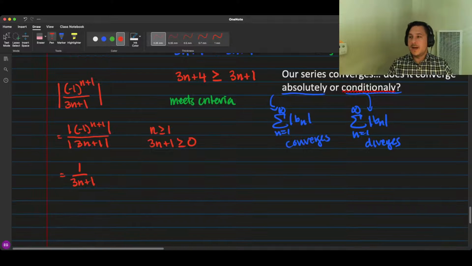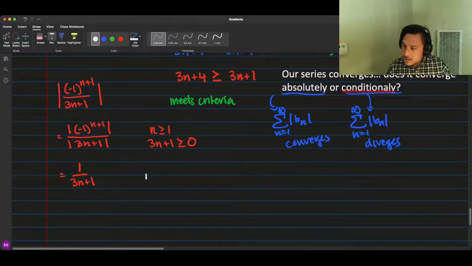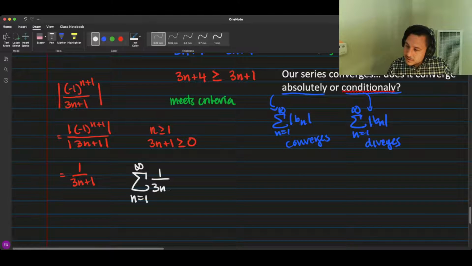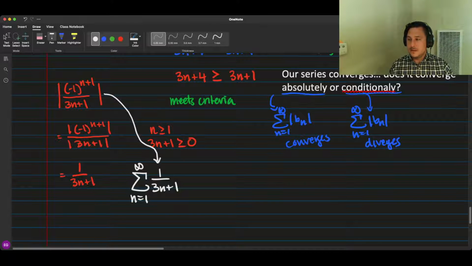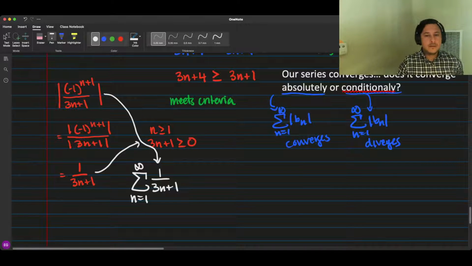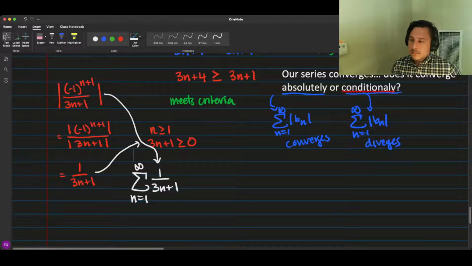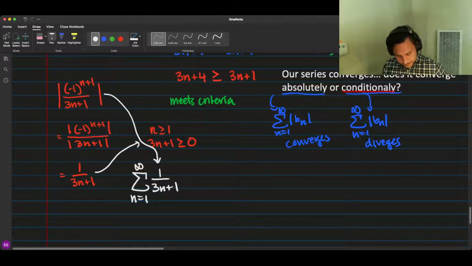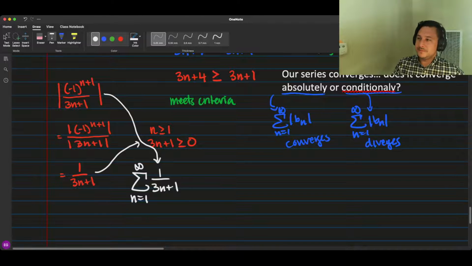Okay, so now we need to figure out, does this converge or diverge? Because I took the absolute value, that's why that's there now. Okay, so what we're going to do is, how about we do a comparison test?